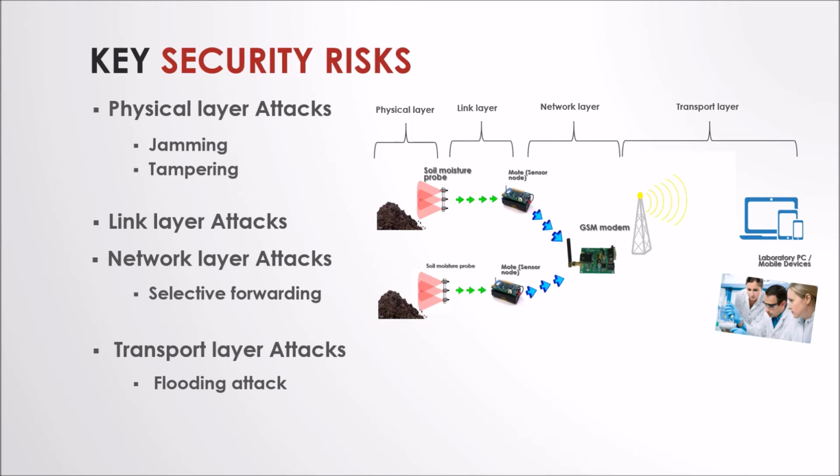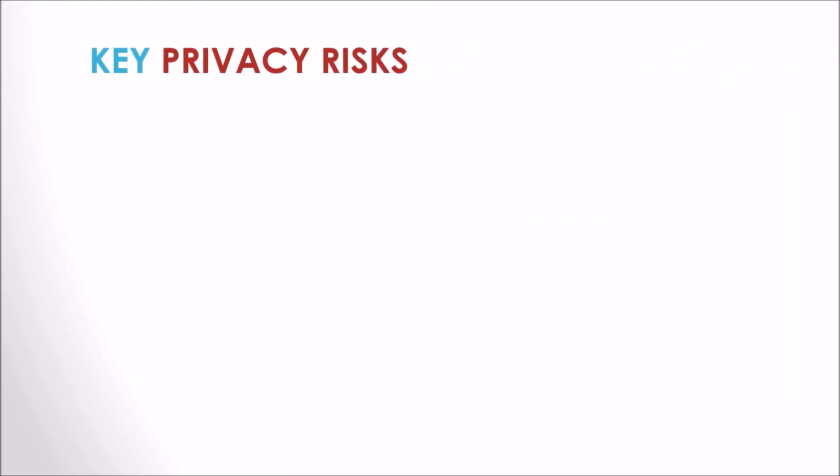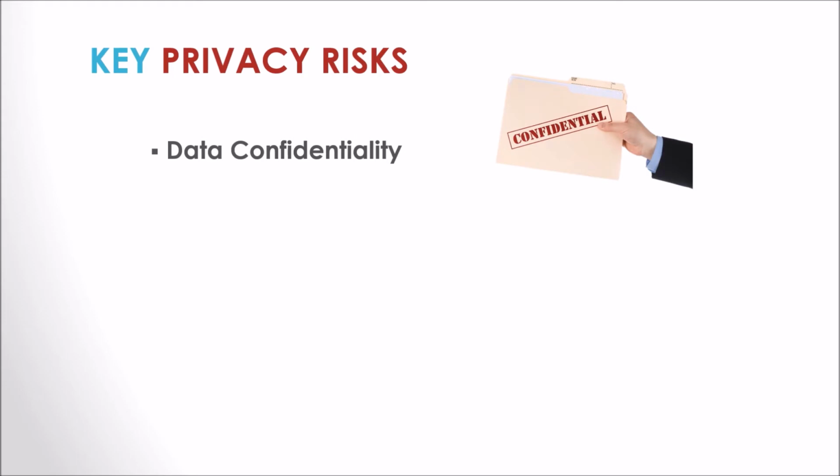Okay, let's talk about some privacy issues in the system. Under key privacy risks, I will first talk about data confidentiality. Data confidentiality is a vital part of a wireless network. The information which passes through the network must be confidential.